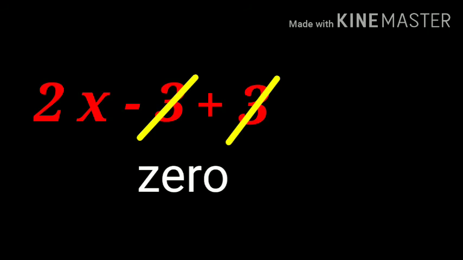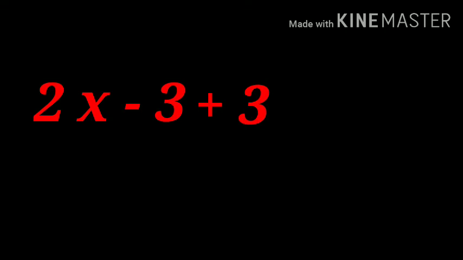You need to put +3 on this side, right? Then only it becomes 0. -3 and +3 become 0. So I have 2x minus 3 here, I put +3, so it's going to be 0.